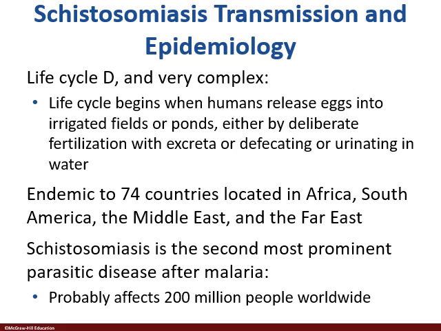Exposure for us will be due to travel to those areas, hiking through waterways, things like that. More often than not, clinically, what you're going to see here in North America is people from those areas immigrating here, and then presenting with issues and going to a local hospital or clinic.